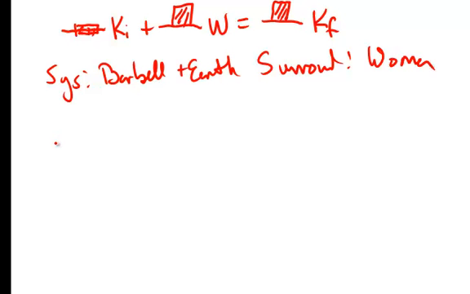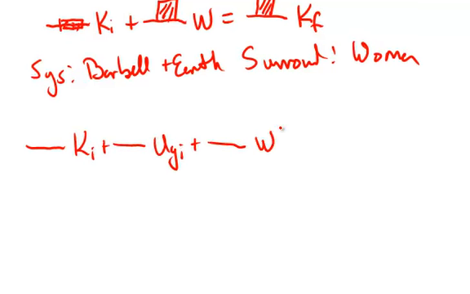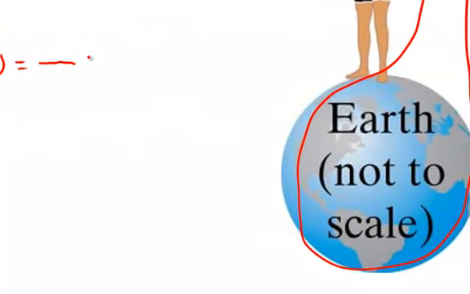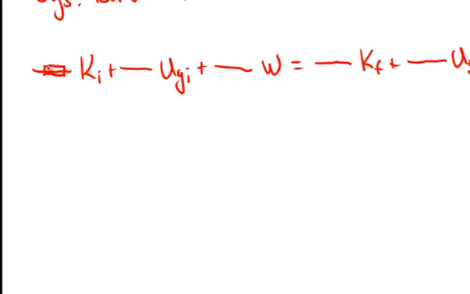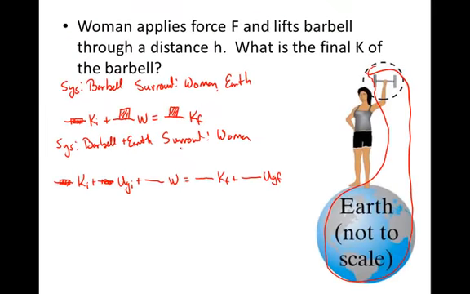And so if I draw my energy bar chart, I've got K initial plus UG initial plus the work done is equal to K final plus UG final. So again, we're going to assume that the barbell starts at rest, so we now have no initial kinetic energy. And let's also, just for simplicity, take our starting height to be 0, which means we'll have 0 gravitational potential energy. So the woman is going to do some work.